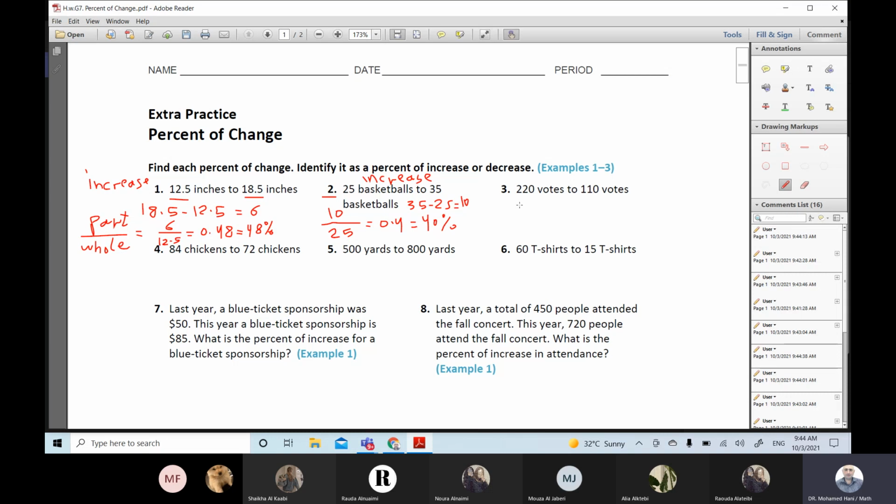Number 3, we have 220 watts to 110 watts. Who can tell me now here? We have increase or decrease? We have decrease. So here we have decrease.